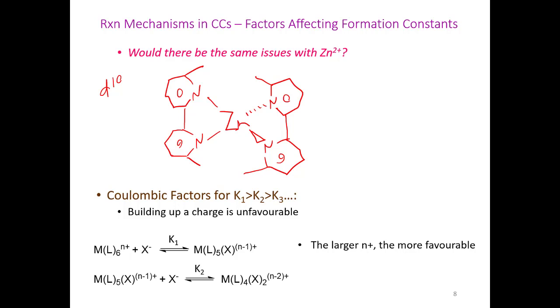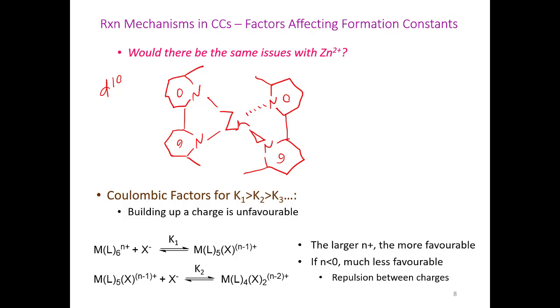But as you start replacing more and more of those neutral ligands with anionic ligands, eventually you may come to the case where the charge turns from positive to 0, then neutral, and then going negative.